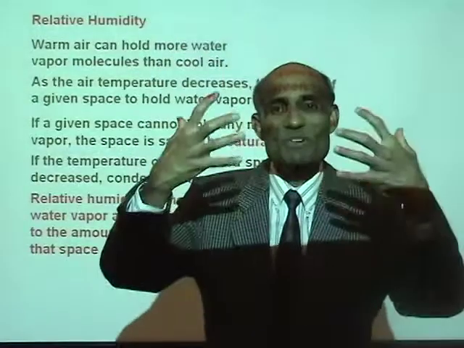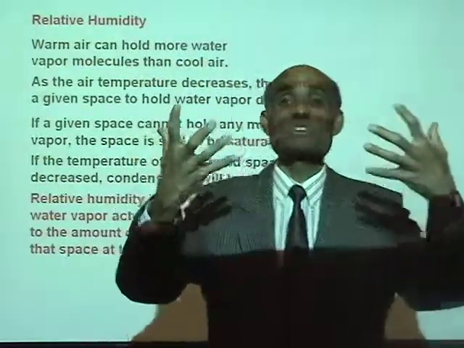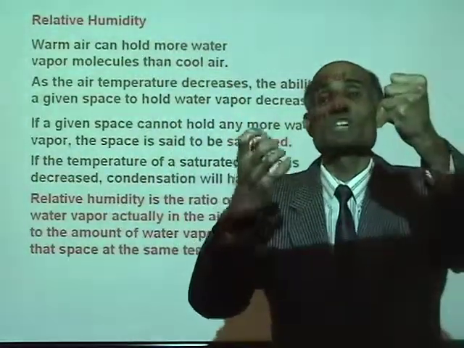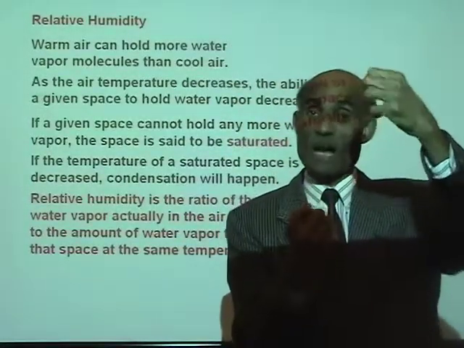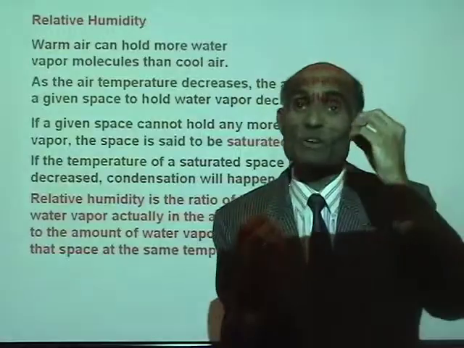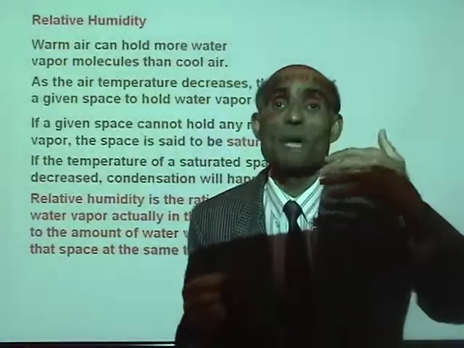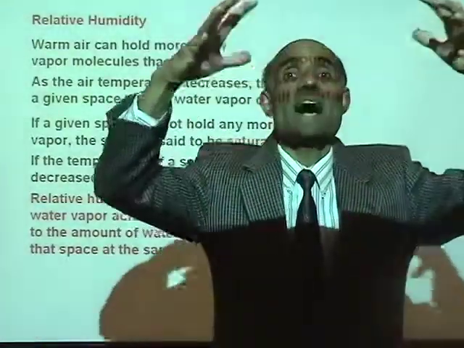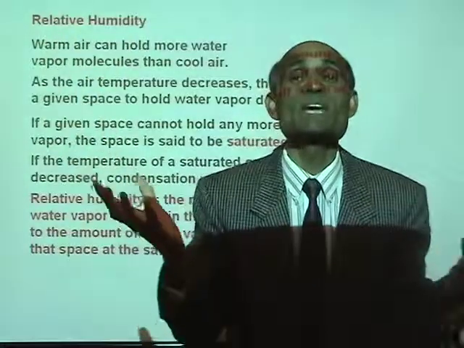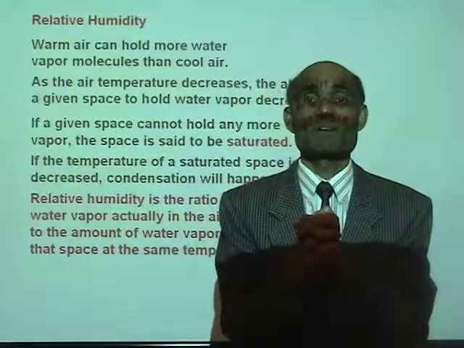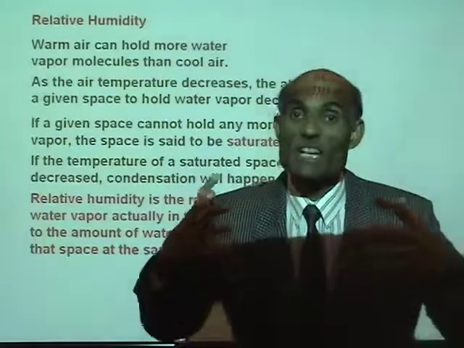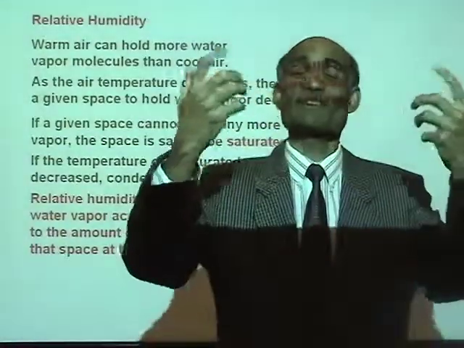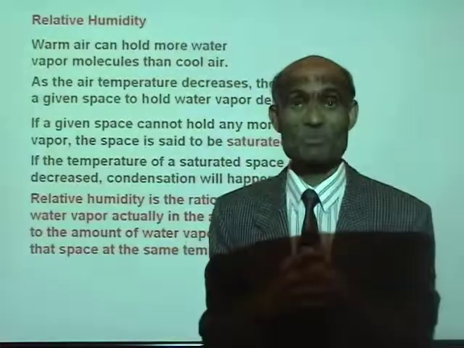Well, what is the meaning of a ratio? A ratio is one quantity divided by another quantity. Now here, what are the two quantities? The first quantity is the amount of water vapor actually present in a given space. What is the second quantity? The amount of water vapor needed to saturate that space at that temperature.